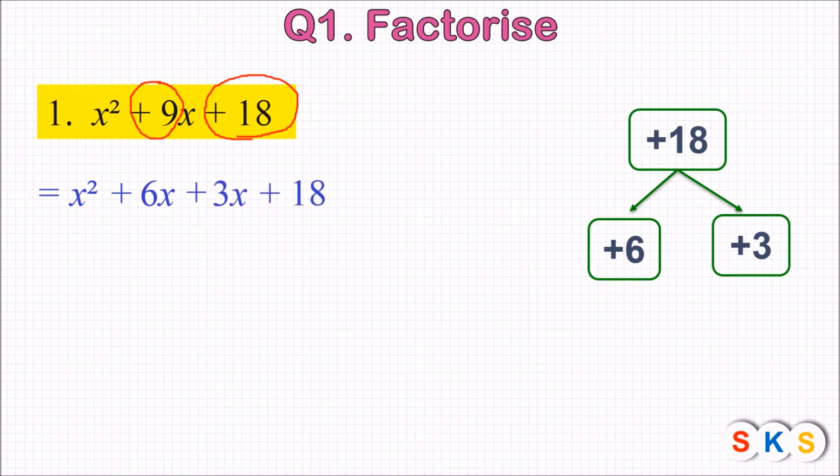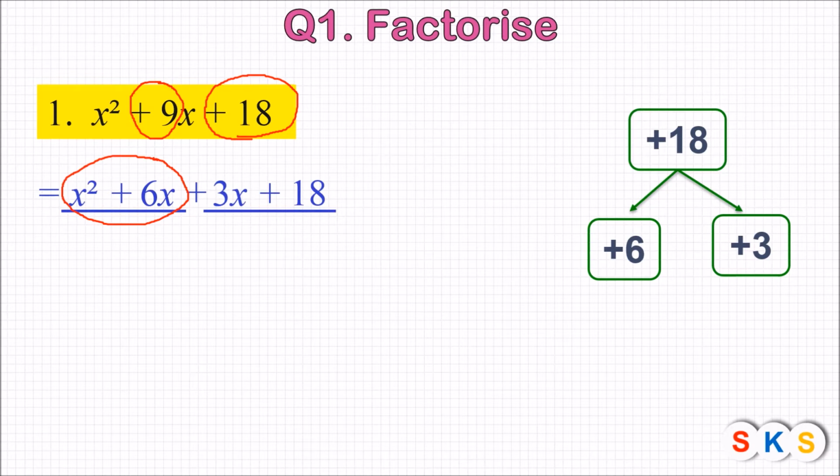Now we will make a group of binomial. This is your first group of binomial, and this is your second group of binomial. Now we will find common factors between these two terms.